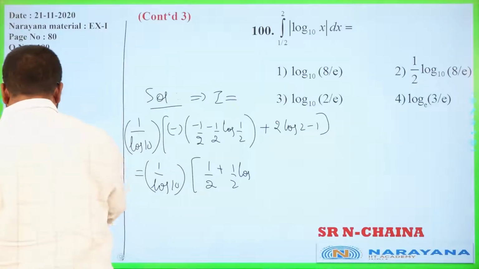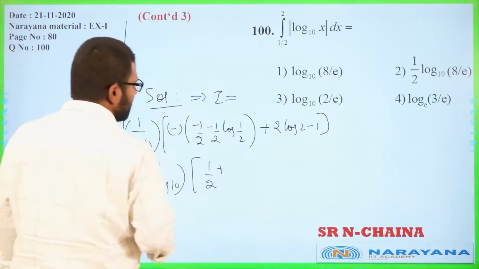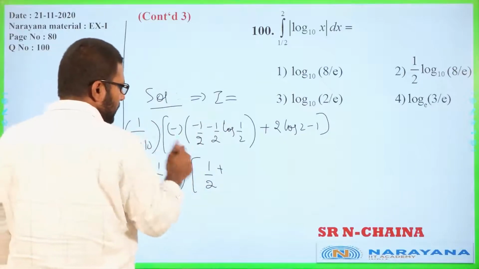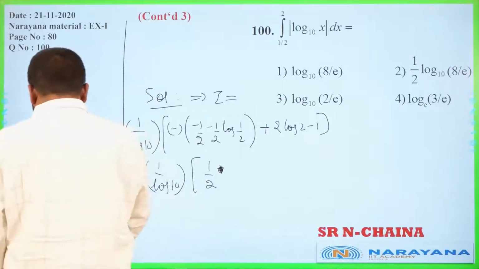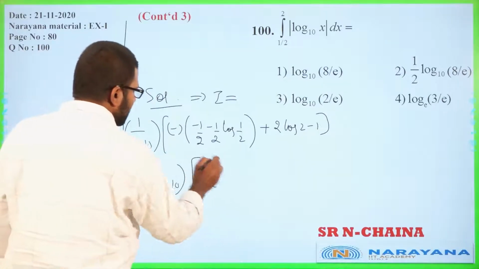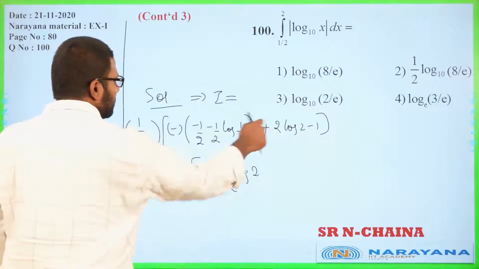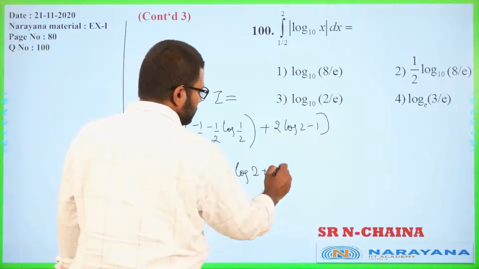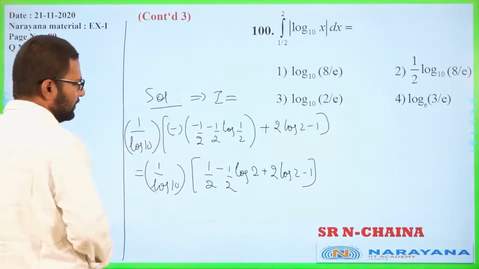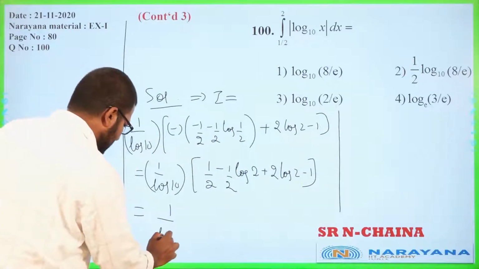If you see, we can remove this and take a minus inside, so that becomes minus half log 2, and there is a minus there, which means this would be minus half log 2. Why? Because I want to match it with this, plus 2 log 2 minus 1. Running out of space now. This is 1 by log 10.